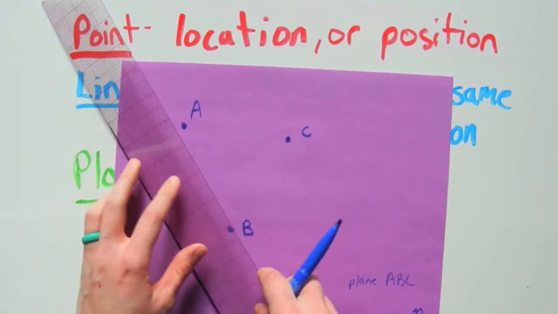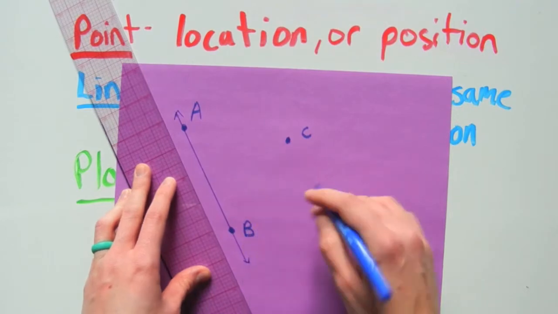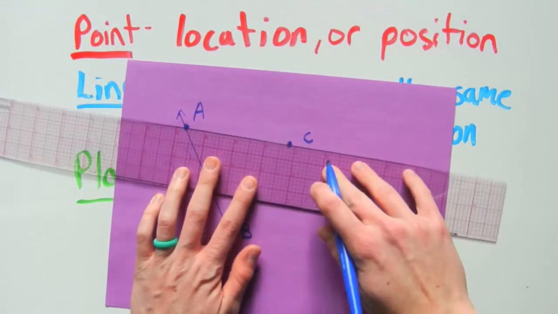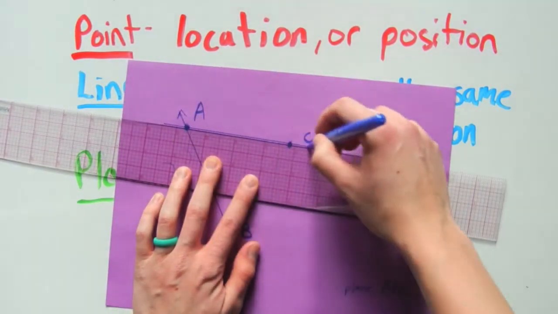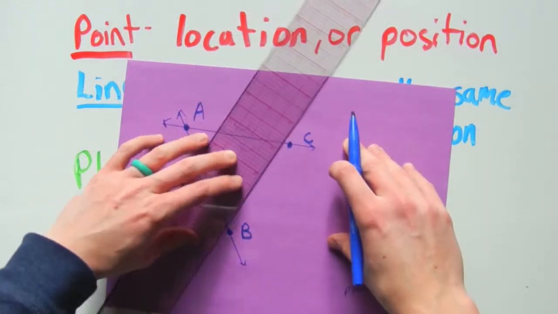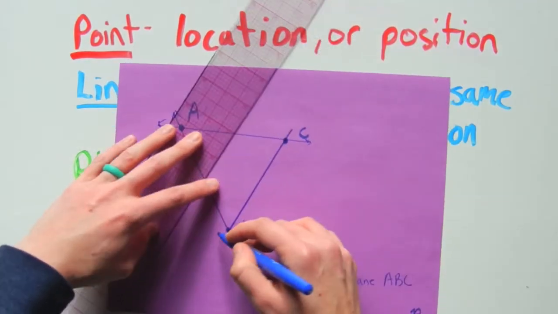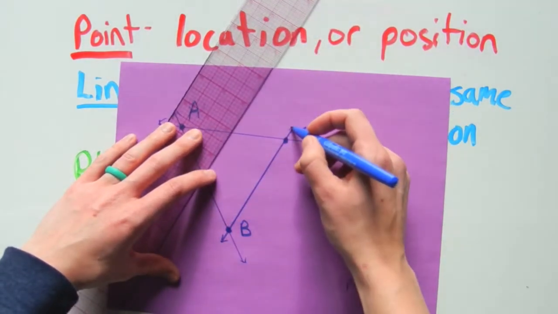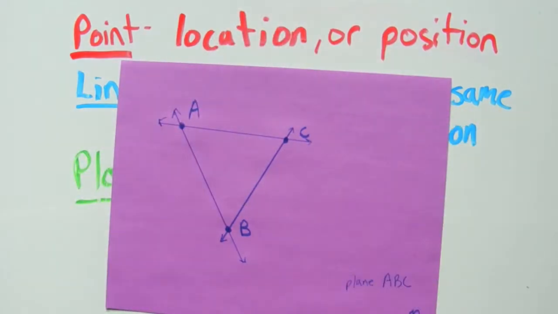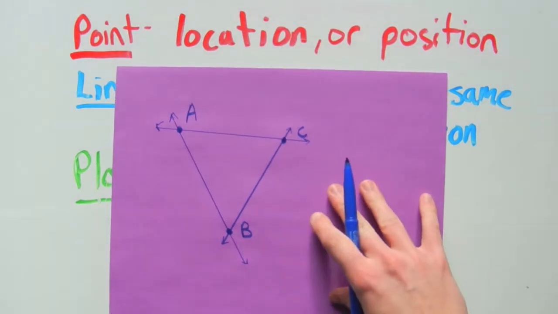I could connect points A and B together with a line. I can also connect points A and C together. Likewise, I can connect points B and C. However, there is no way that A, B, and C could all fall within the same line.